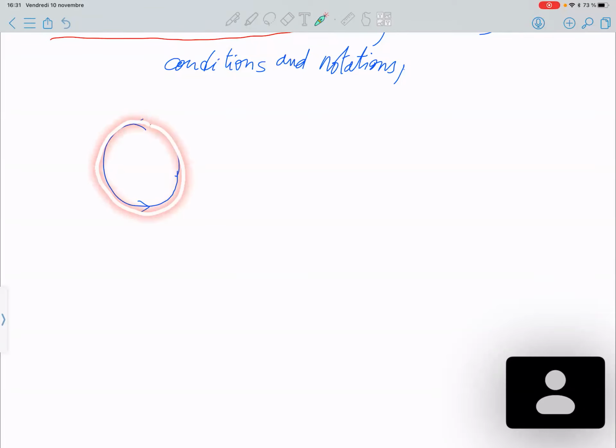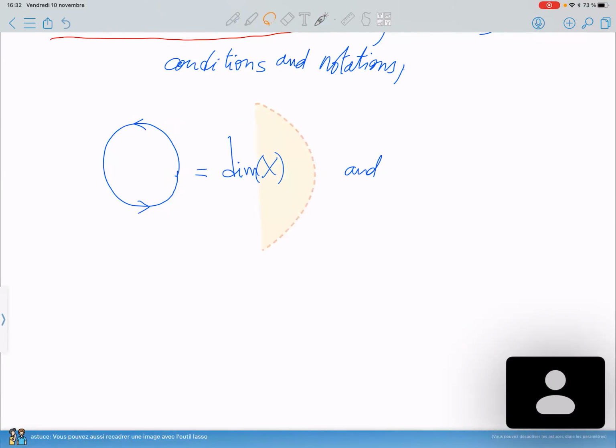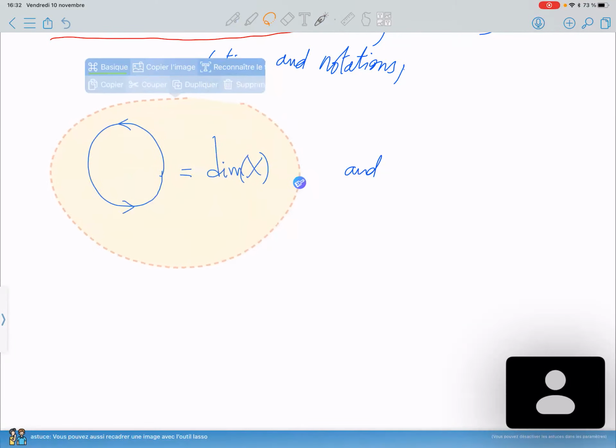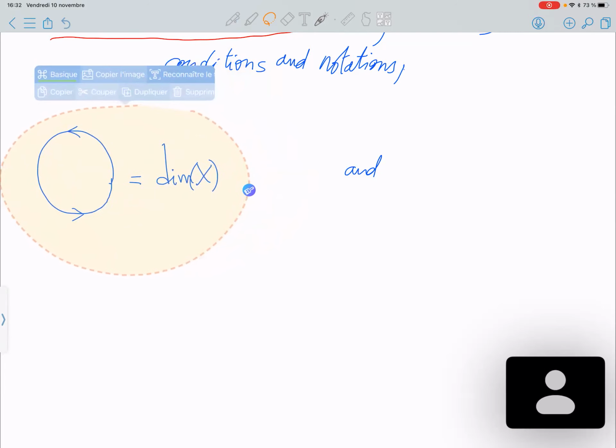There is no opposition; you don't have that and that. This makes no sense. So this is the dimension of X, and this one, the other orientation, will be the dimension of X star.